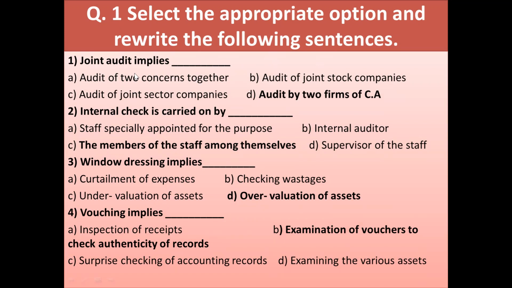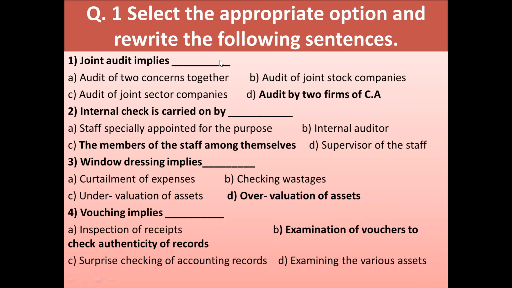For example, joint audit implies dash. We have four options. A, audit of two concerns together. B, the audit of joint stock companies. C, the audit of joint sector companies, and D, the audit by two firms of CA. You have to choose the right answer from these four.